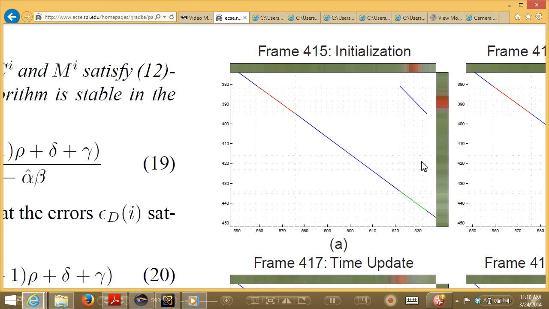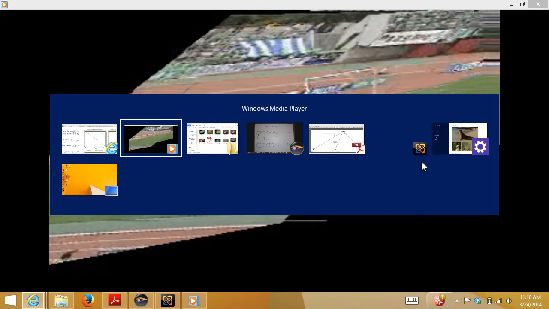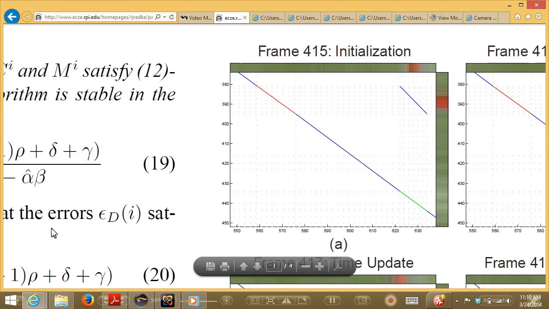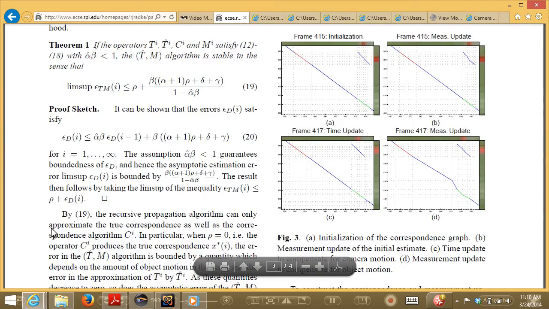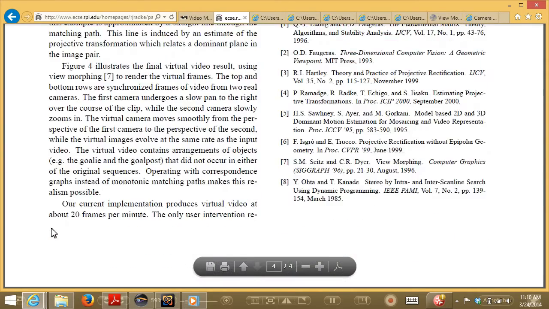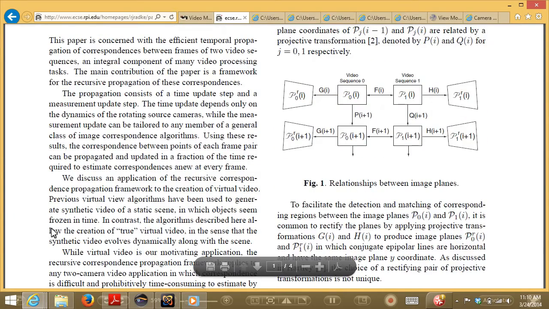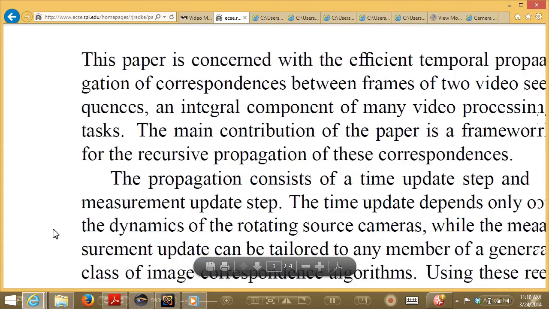Okay, so let's talk about what I actually did. Maybe I have a picture of it here. Yes, this is a picture that goes along with what I was trying to do.